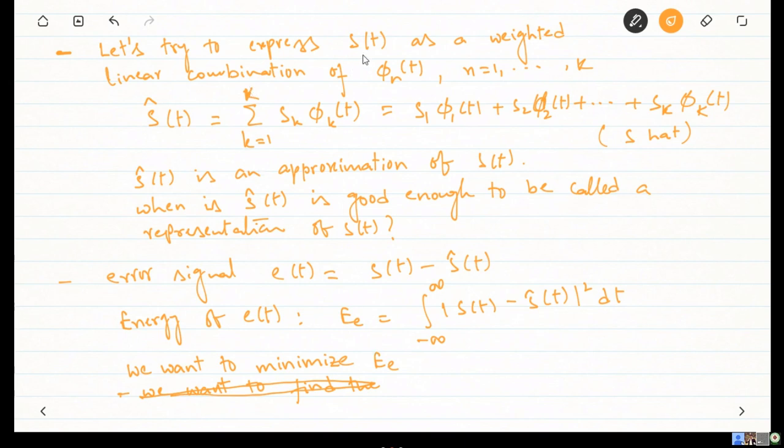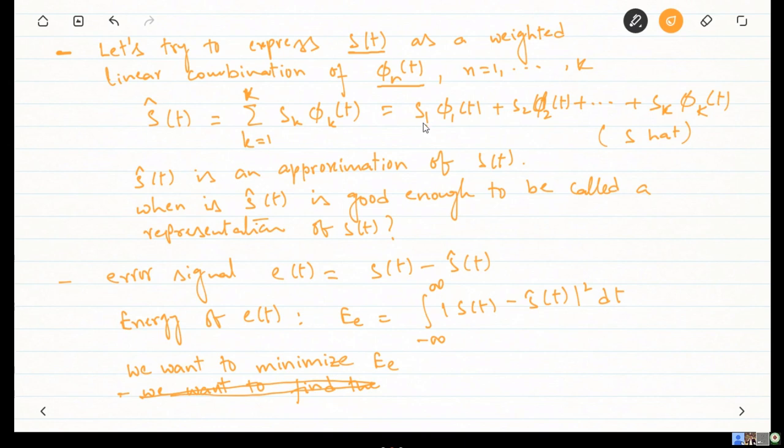So we are given S of t, a finite energy signal, and a set of orthonormal functions, phi 1 of t, phi 2 of t up to phi k of t. Now we want to express S of t as a linear combination of these orthonormal signals, and S1, S2 up to Sk are the coefficients of the linear combination. So we multiply the first orthonormal signal by the coefficient S1, the second by the coefficient S2, and so on, and then we add them up to get S of t.